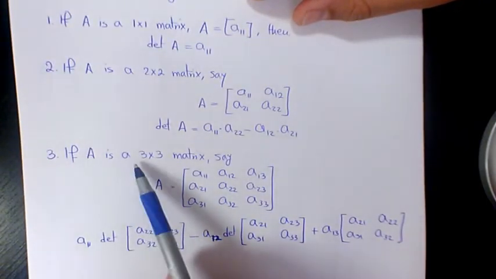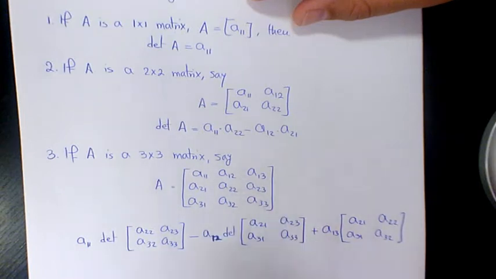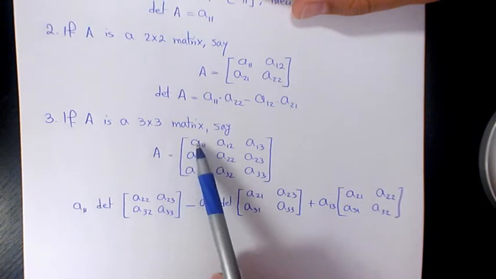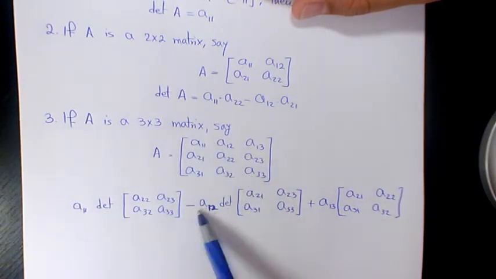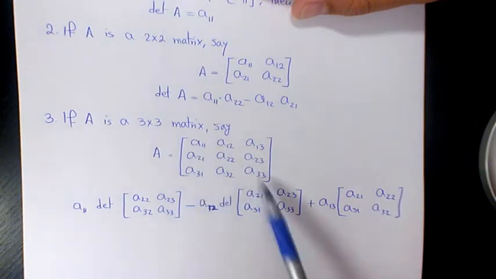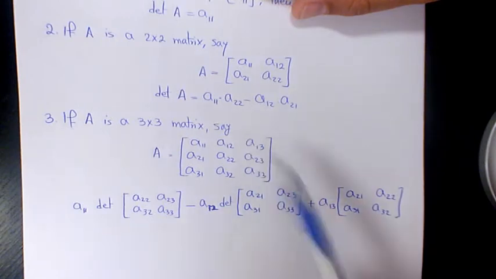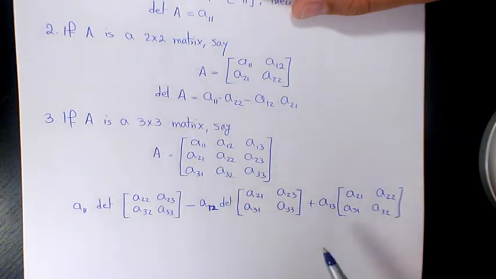If A is a 3 by 3 matrix, then the determinant is going to be A11 times the determinant of this matrix, minus A12 times the determinant of the matrix including these elements, plus A13 times the determinant of this matrix.